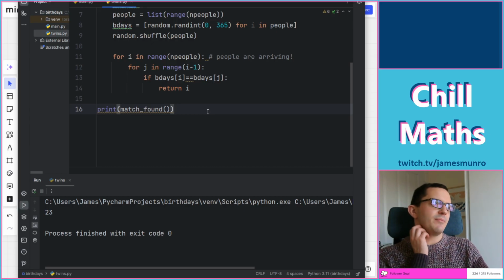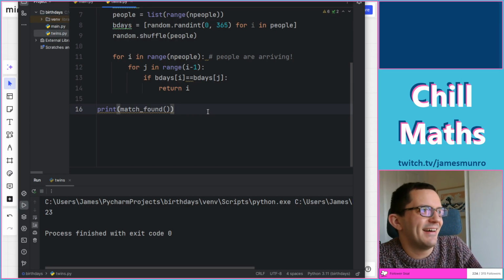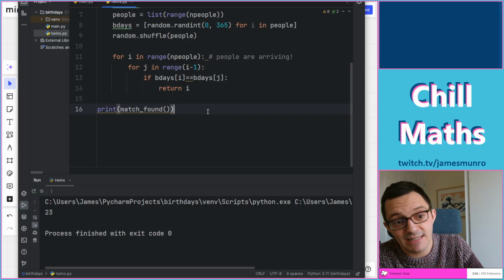This is giving me something like... What I could do is run this lots of times and add up how often it's less than 23. Or whatever. Yeah, you take lots of samples of this and then you count separately afterwards.